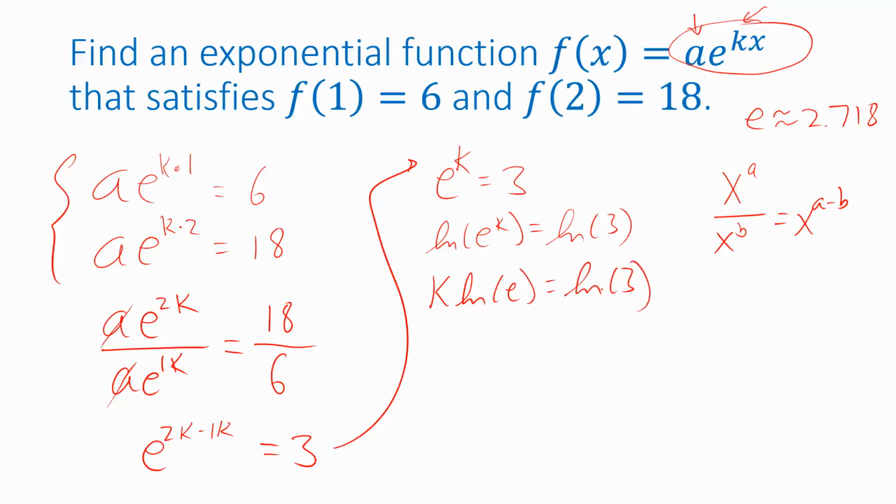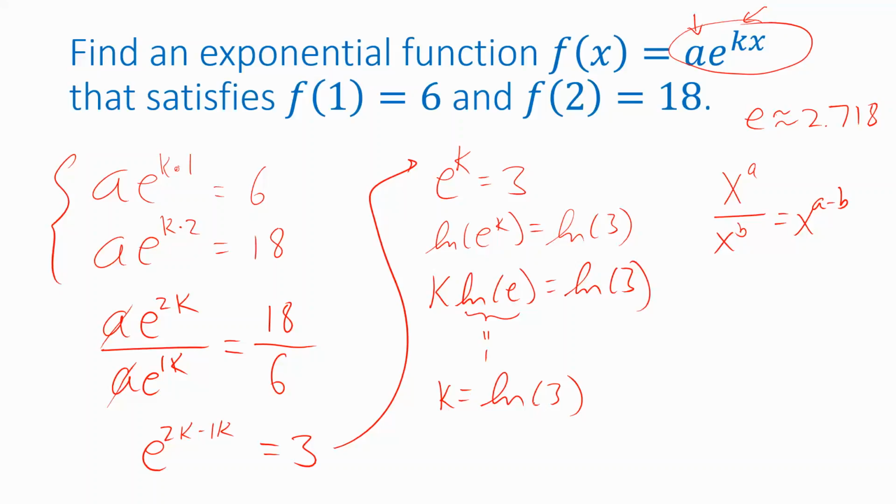And the reason I use the natural logarithm instead of some other base is because natural log of e is exactly equal to 1, which means I've found the value of k here. k is natural log of 3. So now I know k.